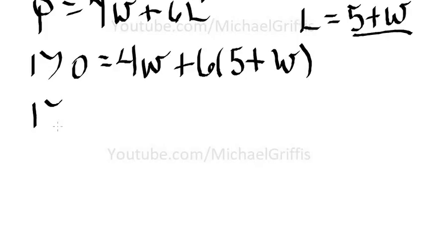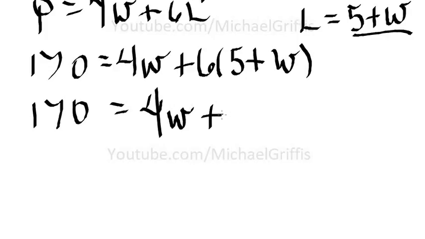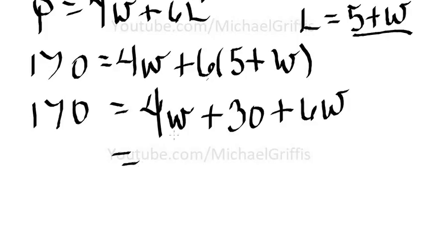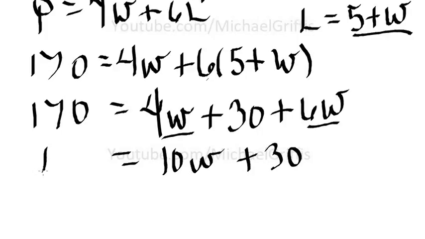Okay, now we have a linear equation all in terms of one variable. Let's go ahead and simplify this thing down and then solve for W. So 6 times 5 is 30 plus 6W. Now we collect up our like terms. 4W, 6W is 10W plus 30. Of course, that's all equal to 170.